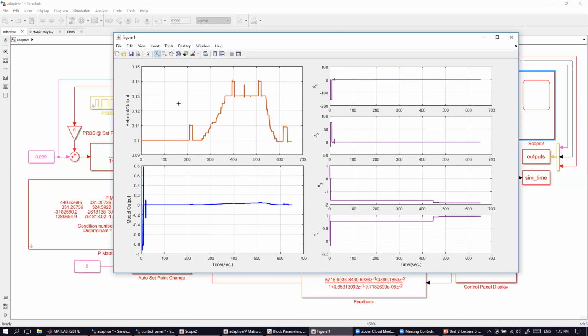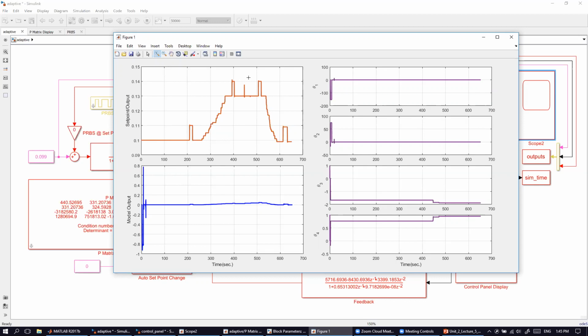Another simulation run, right? So basically, what we did was controller tuning here, and then we stopped it. We moved the operating point, and then we turned on the controller tuning here again, and so on and so on. The question now is, what happens if the controller tuning is turned on all the time?